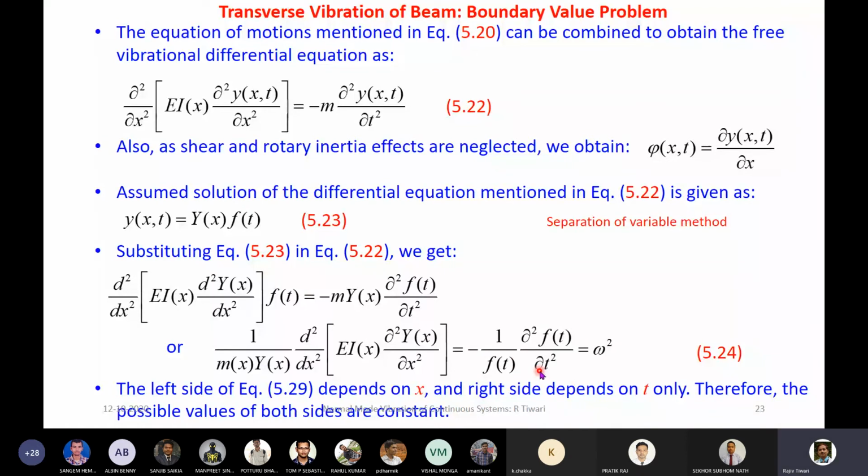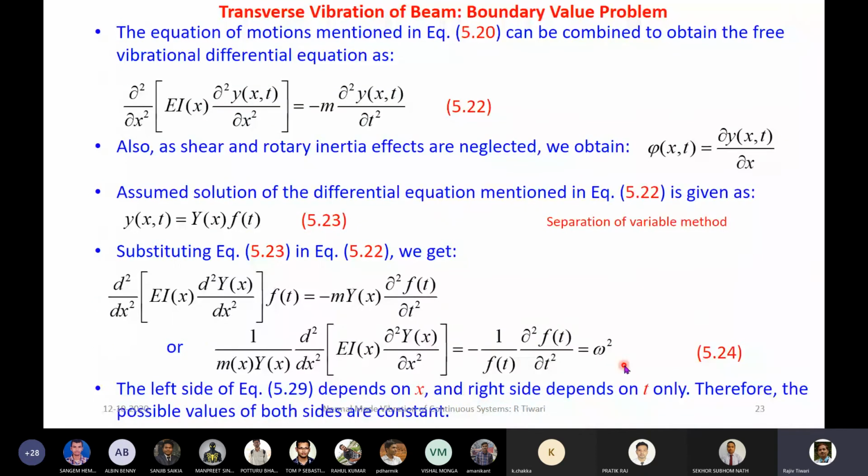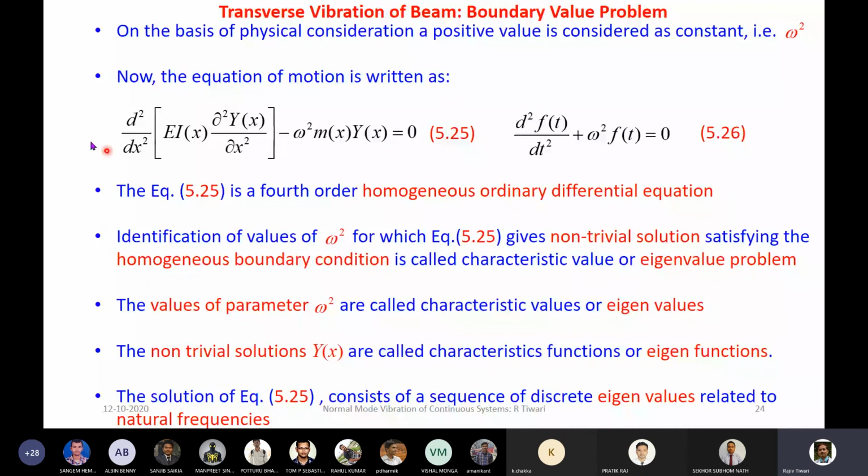So the consideration of this positive constant is based on the harmonic motion we need for free vibration. If we equate to a positive quantity omega square, I will get two equations. One equation is this, which gives the harmonic motion. For the second equation, if we equate the left side with omega square, I will get another equation.